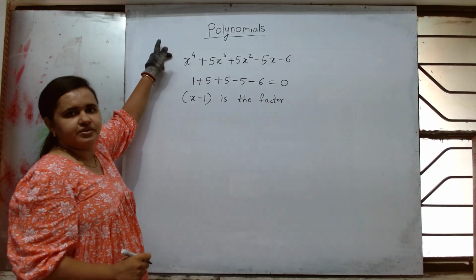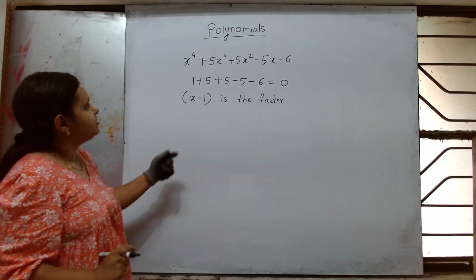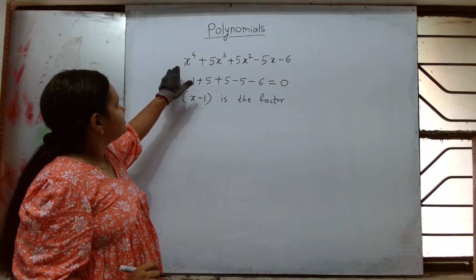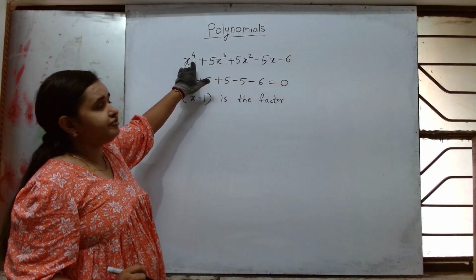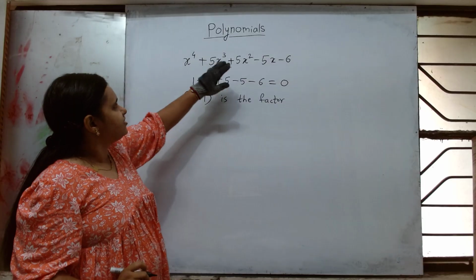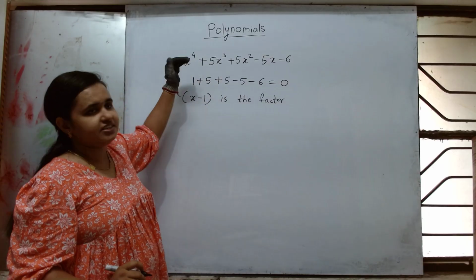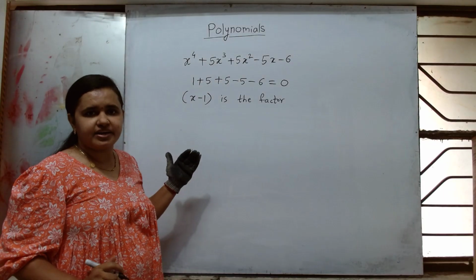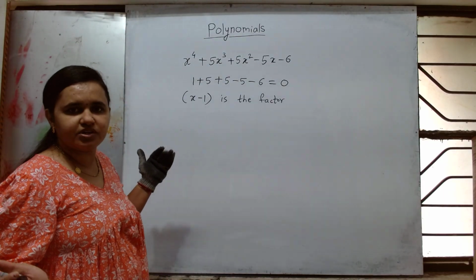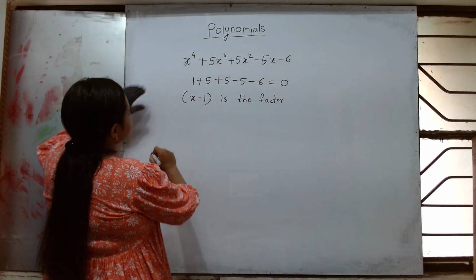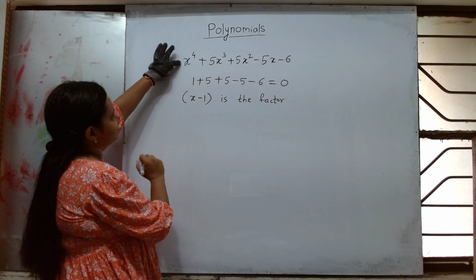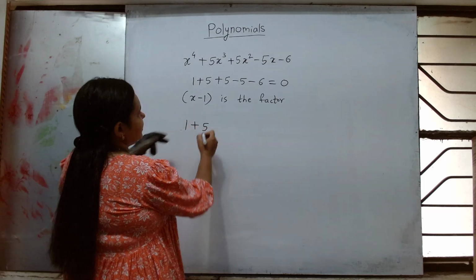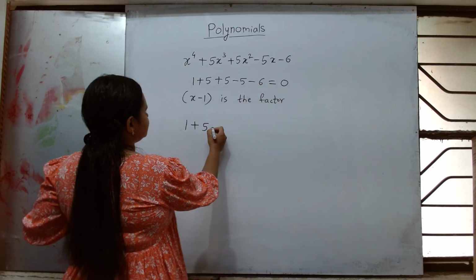of this polynomial. Okay. Now it was also mentioned on page 14 note 2. If sum of even powers and constant is equals to odd powers, then x plus 1 will be the factor. You can check page number 14. So sum of even powers, we take 1 plus 5, and constant is minus 6.